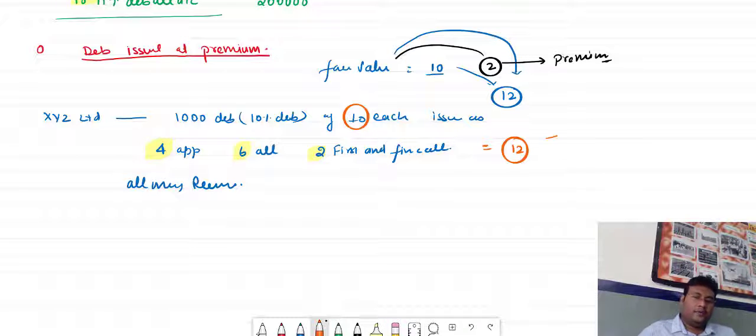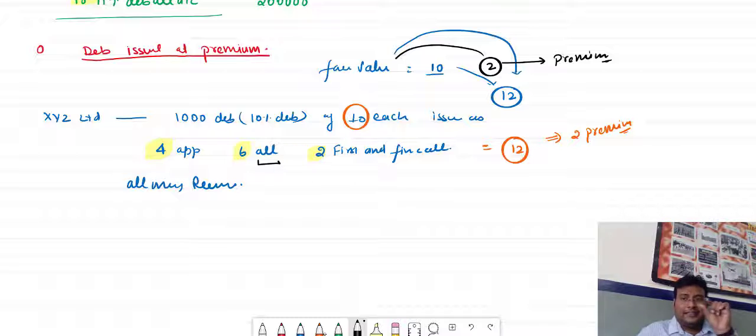And when it is more, we can say 2 rupees is the premium. But as you can see, 2 rupees is the premium, and it is not mentioned whether premium will be applicable on application, on allotment, or on first and final call. So in the absence of information, always remember that premium will be applicable on allotment.